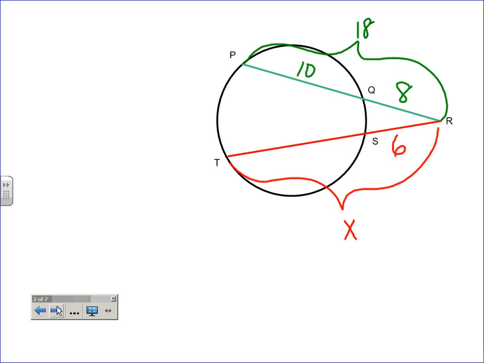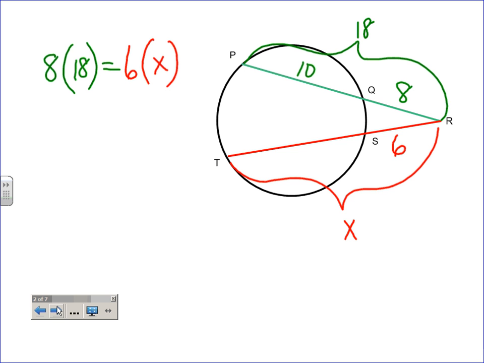So the rule here is, if they hit each other outside, take outside piece times whole thing. For the green, what is the outside piece? The outside the circle piece, 8, times the whole thing, the whole green one is 8t. How about for the red one? The outside the circle piece is 6, and the whole thing happens to be x.